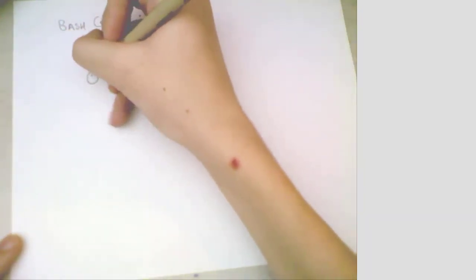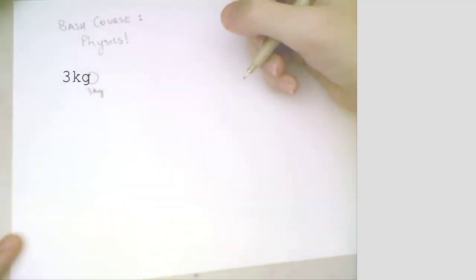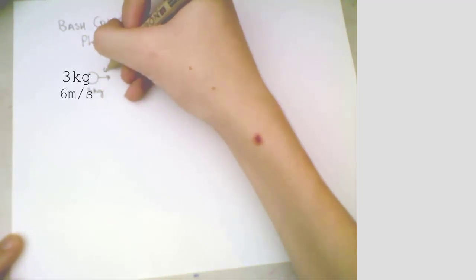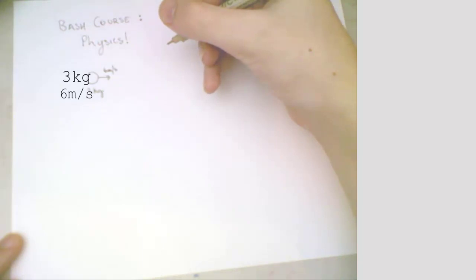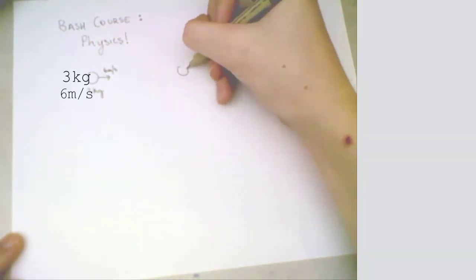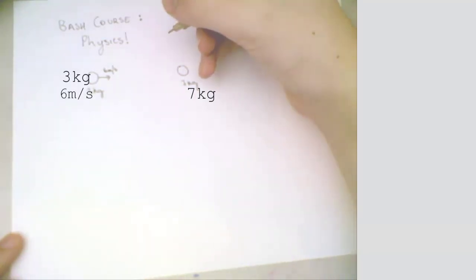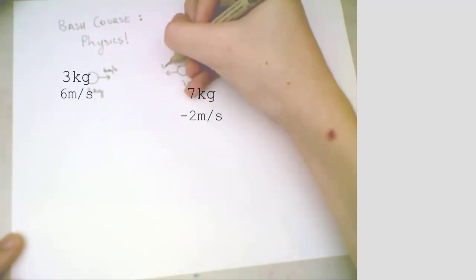Great, let's do an example. Say you have a 3 kilogram ball moving at 6 meters per second and a 7 kilogram ball moving at 2 meters per second. That's our setup.